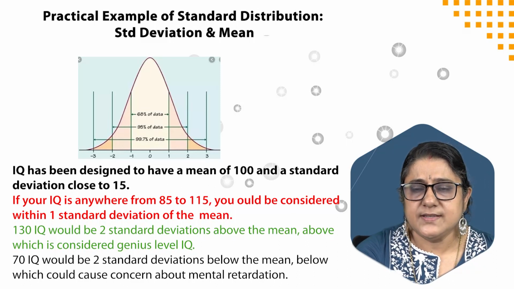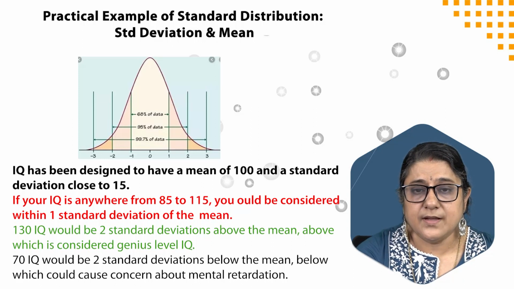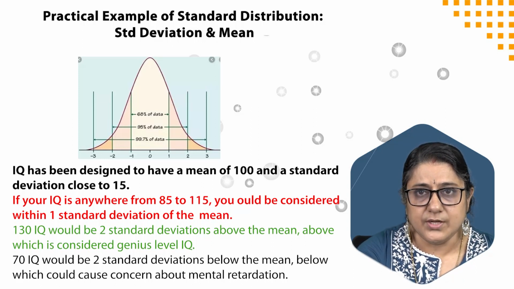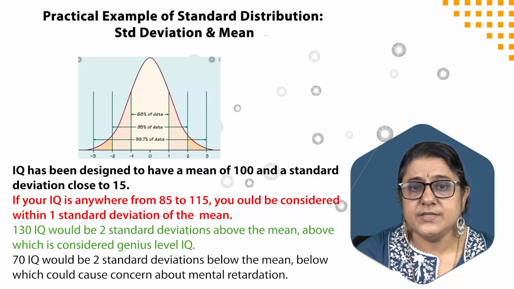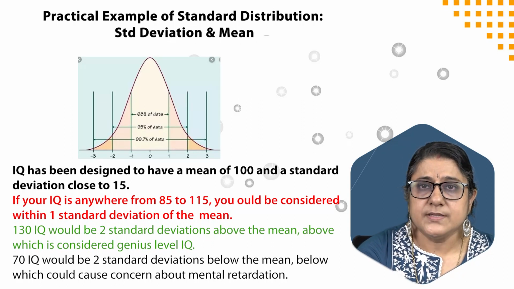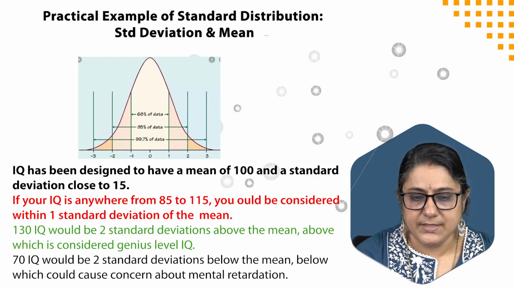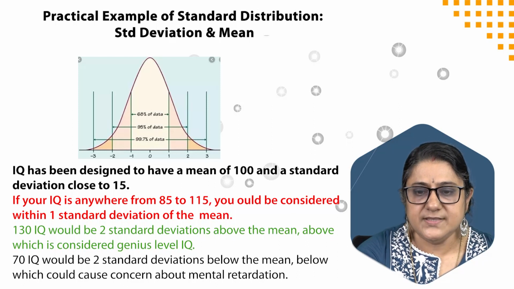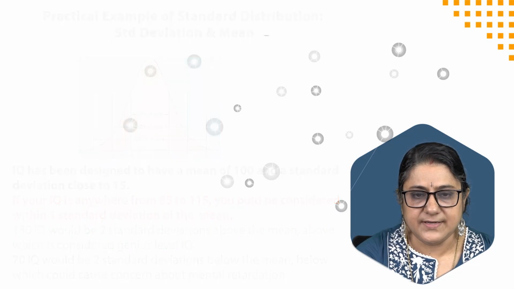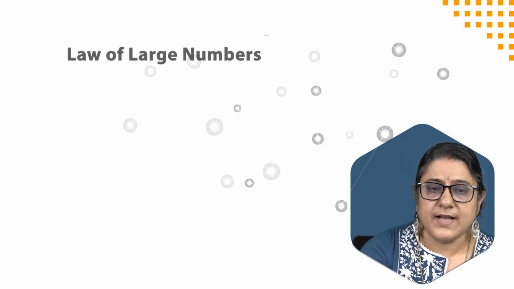So we can see the numerical values play a very important role in this Gaussian normal distribution to understand how much the data deviates from the average or the mean, and we can get some insights into the outliers as well. Another very important aspect is the law of large numbers.